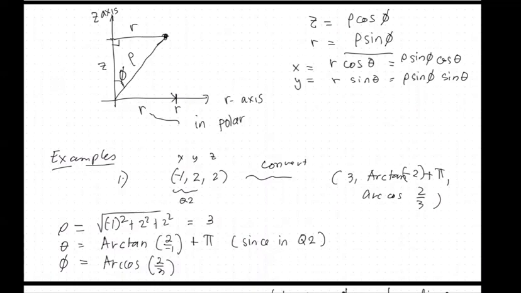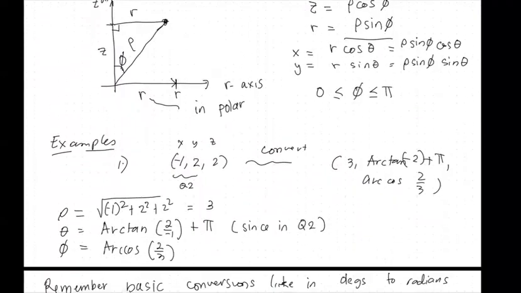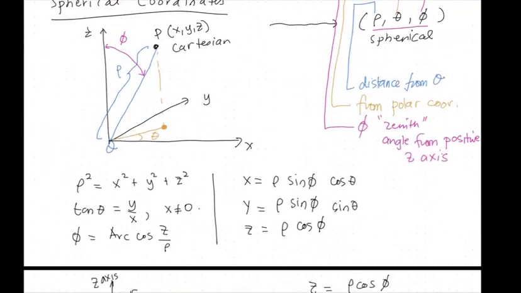We will fix our phi to be between 0 and pi, because in this drawing here, if you go up to here, it's just the maximum, pi. But if it's going more than pi, you can take the measure from this side so that it's less than pi.